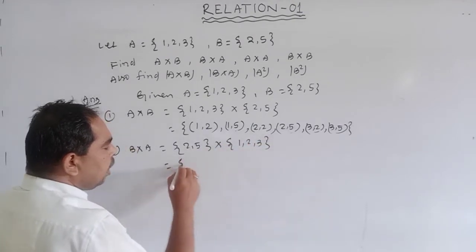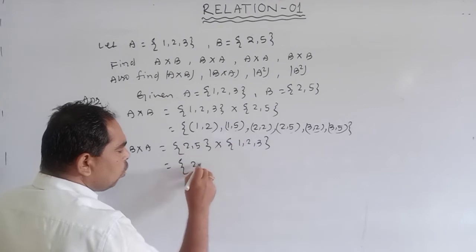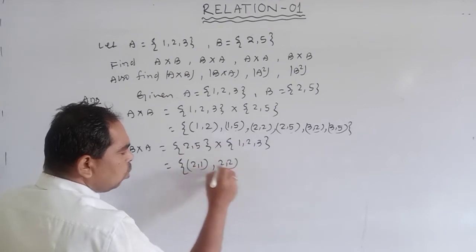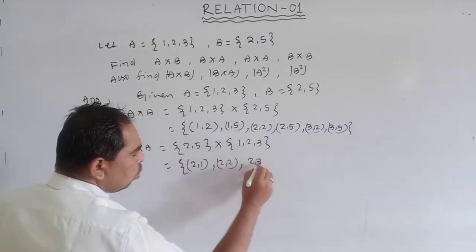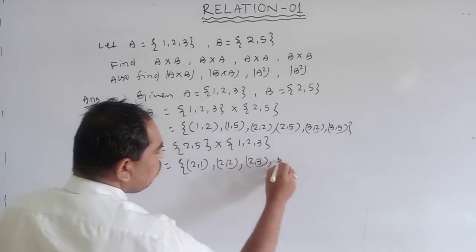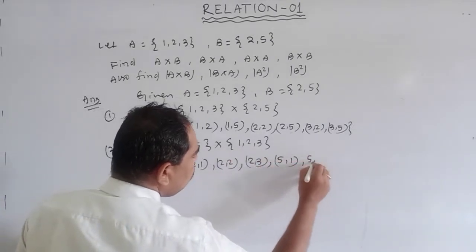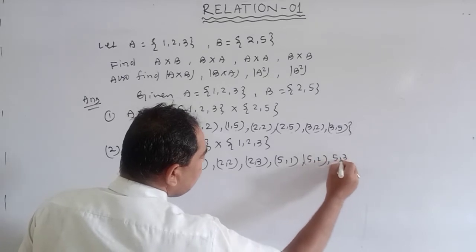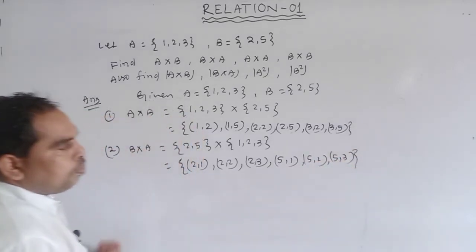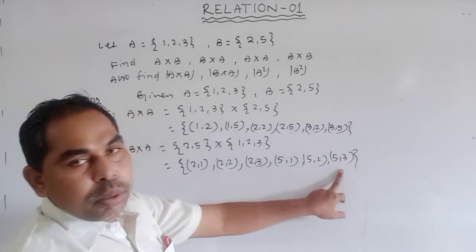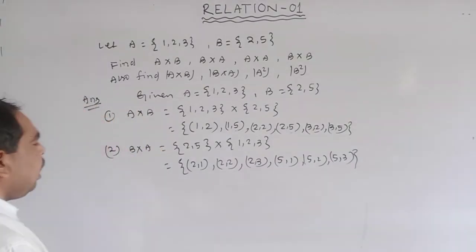So multiply: 2 into 1, (2, 1). 2 into 2, (2, 2). 2 into 3, (2, 3). 5 into 1, (5, 1). 5 into 2, (5, 2). 5 into 3, (5, 3). So (3, 5) is not equal to (5, 3). This is B into A.